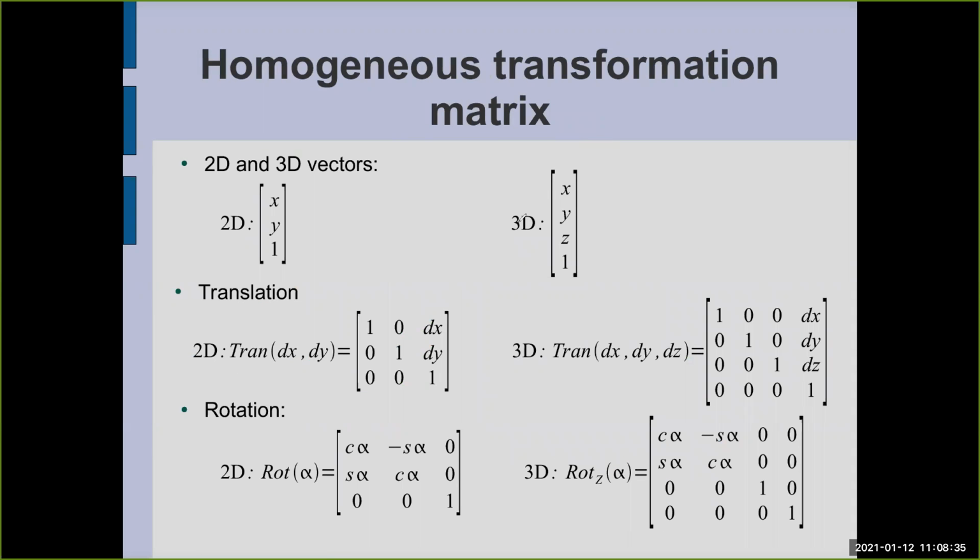So now I'd like to tell you something which is essential for computer graphics, and not only computer graphics, but also robotics. But it is quite commonly used in computer graphics too. It is the way we can represent vectors and transformations to perform them in a homogeneous way.